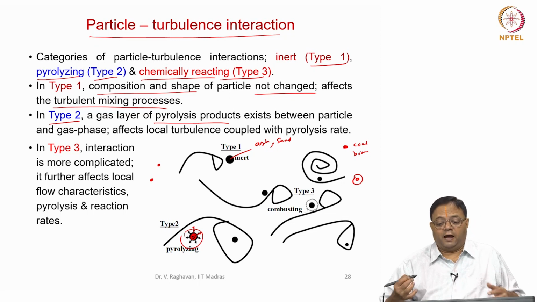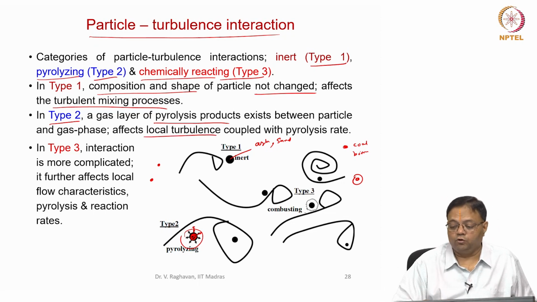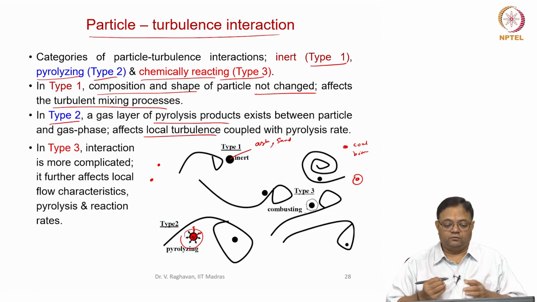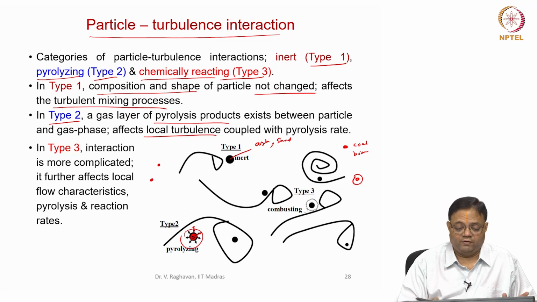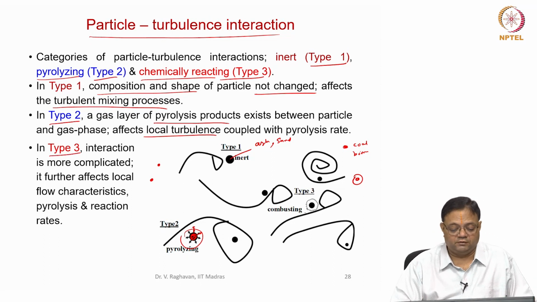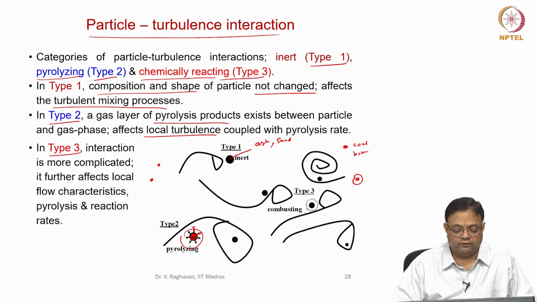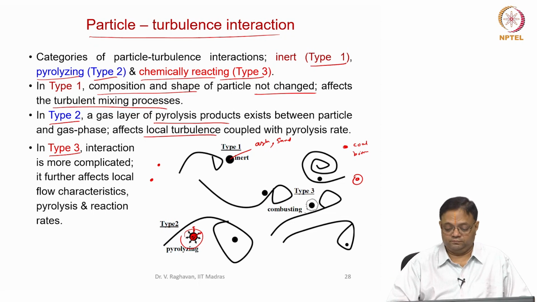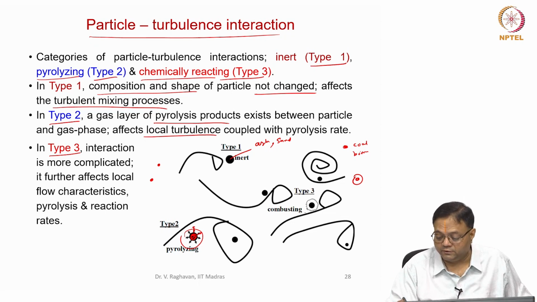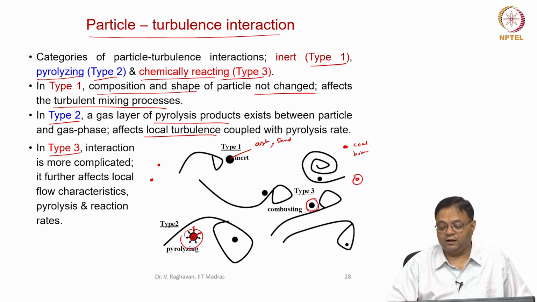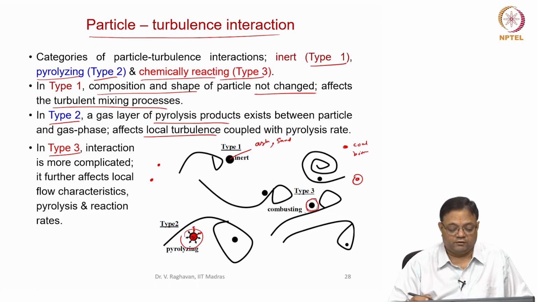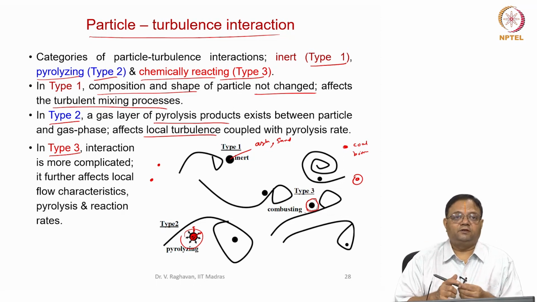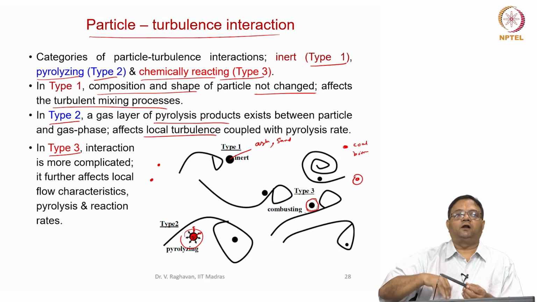So this can affect the local turbulence also, and the local turbulence in turn can affect the pyrolysis rate. So that is the complication in the pyrolysis. When there is type 3 where reacting particles are present, then the interaction is more complicated because heat release also happens in the combusting products. There can be a local flame there. This flame can also interact with this. So pyrolysis plus reaction, these rates can affect turbulence, and turbulence can in turn affect these rates.